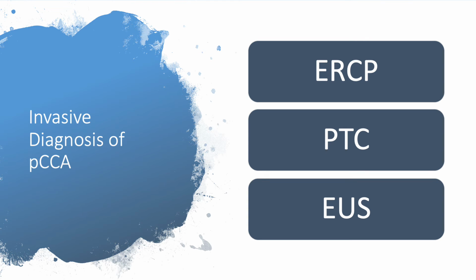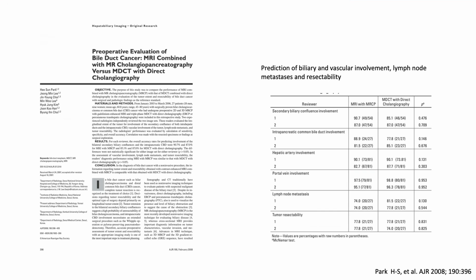In selected patients, the diagnosis requires invasive examinations by ERCP, PTC, or EUS. The consensus regarding the utility of these investigations is not really agreed, and their role is somewhat up to the individuals and the patients that have been assessed.